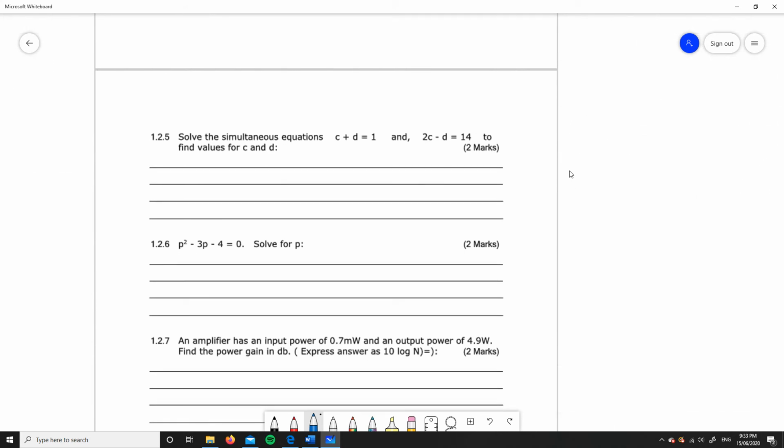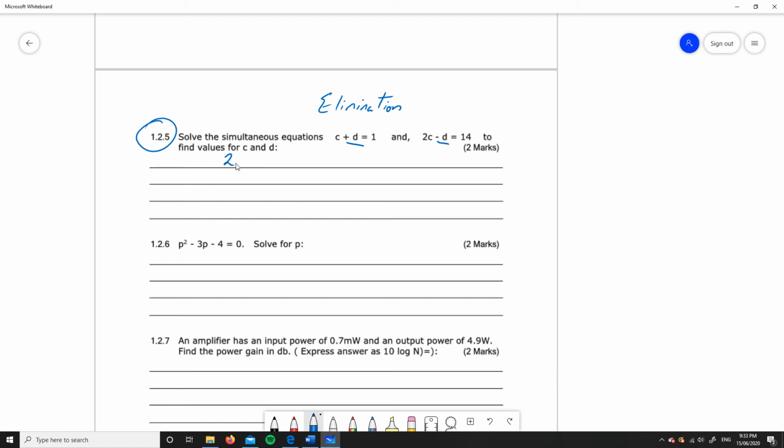Okay, moving on to question number 5. So I'm going to do this one via the elimination method. The main reason I chose elimination is that's plus d, that's minus d. So if I add these two equations together, that's very rapidly going to eliminate d.